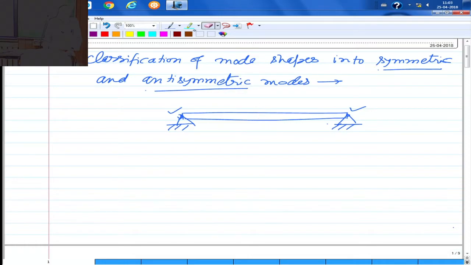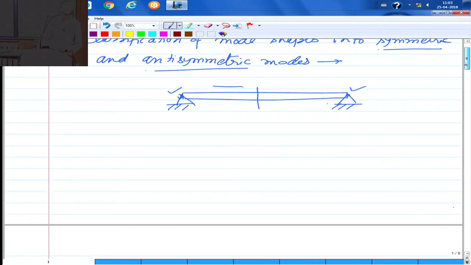The first thing is that the structure must be symmetric for this classification to be valid. We have identical material distribution, cross section, and boundary conditions on this side and this side. Now if you look at the various mode shapes when you do the free vibration analysis, you will have the first frequency with its corresponding mode shape, the second frequency and its mode shape.